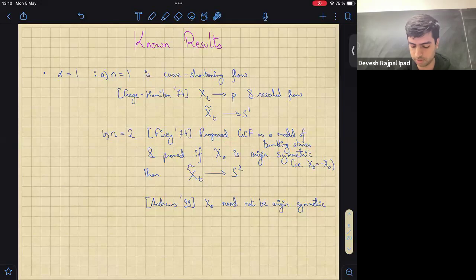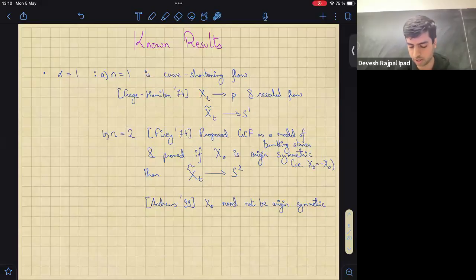And he proved that if the initial hypersurface is origin symmetric, which is that if x is there, then minus x should also be there, then he proved convergence to a sphere, the two-dimensional sphere in this case. He was also assuming regularity and uniqueness, but those aspects of the PDE were also resolved later.